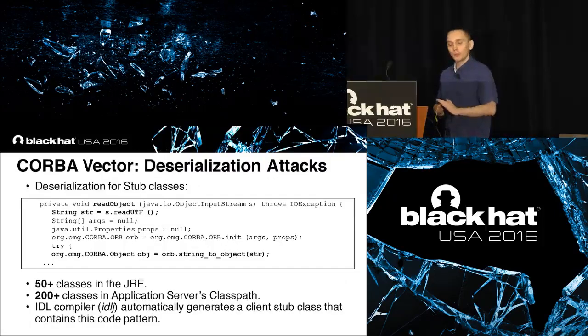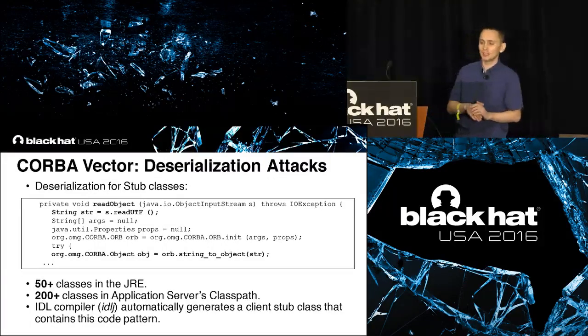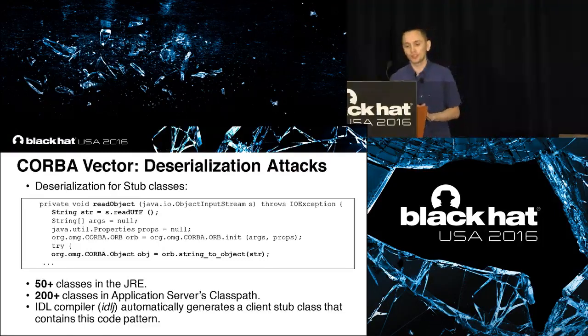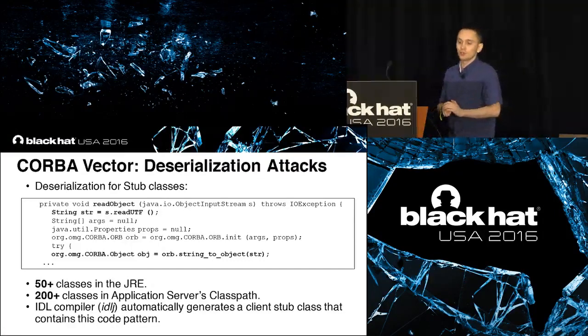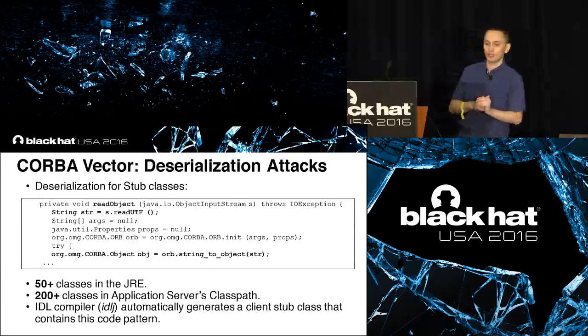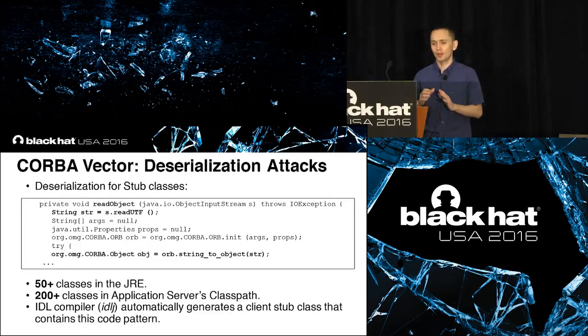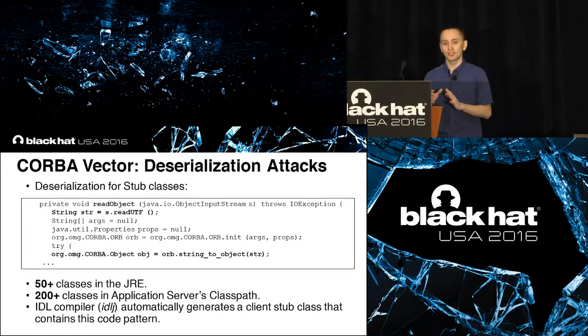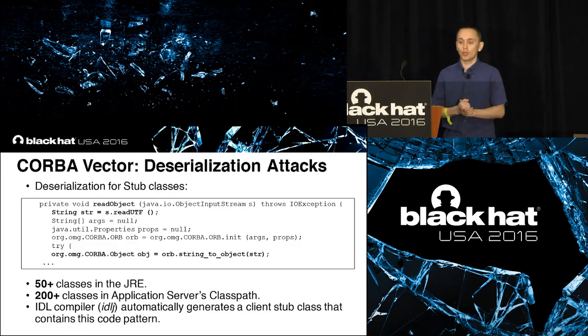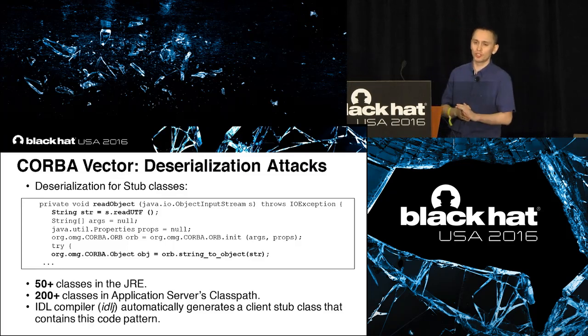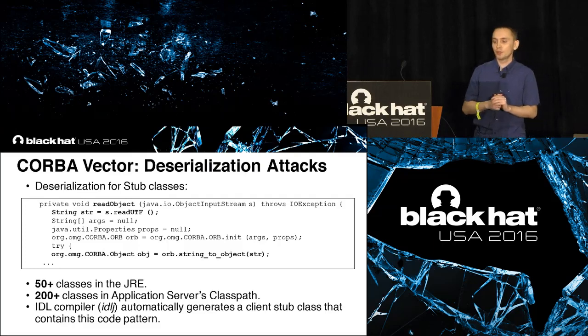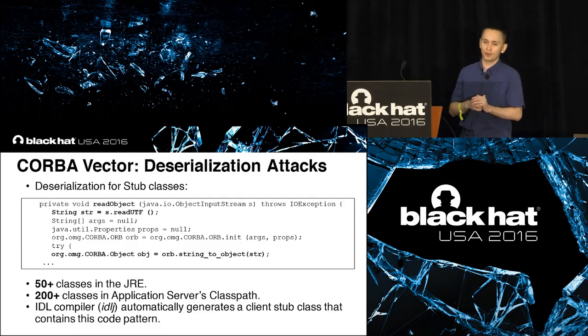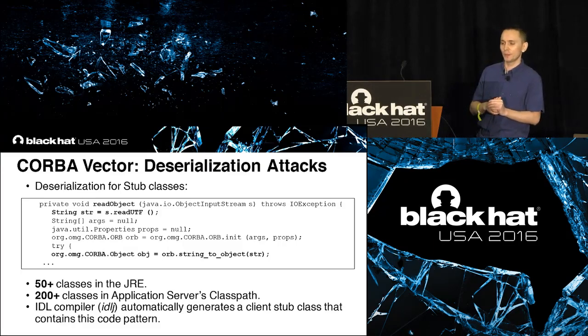The other place where we met the IOR parser is the readObject method of stub classes. As you may know, the readObject method is one of the entry points for deserialization attacks. So if the target application meets the mentioned requirements about the security manager and its policy, plus the attacker is able to provide their own data for deserialization, he will not need any additional gadgets.